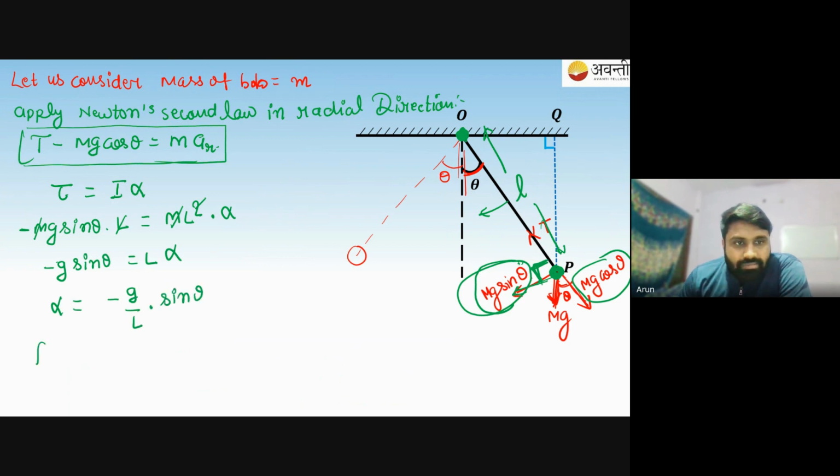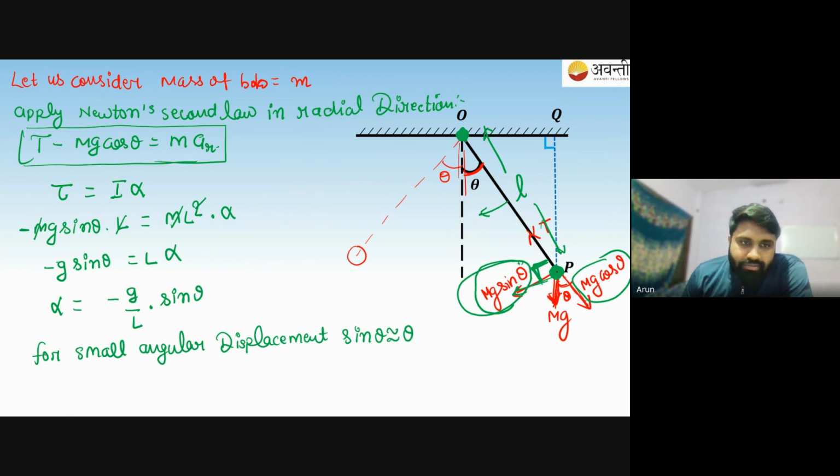Now for small angular displacement, because these displacements are very small, sine theta you can consider to be approximately theta. So here you will see that alpha is equal to minus g by L into theta.